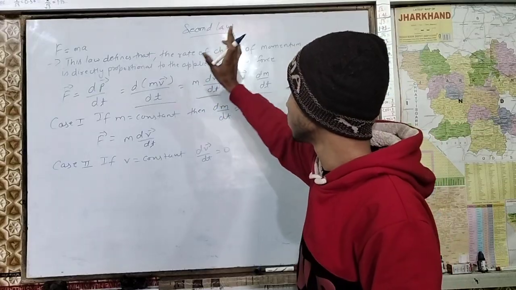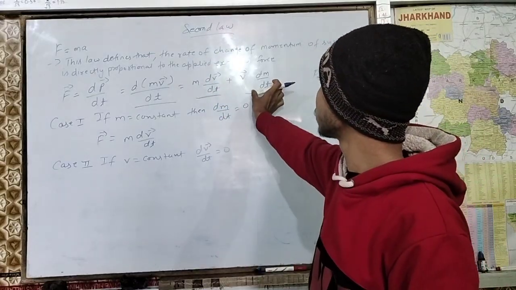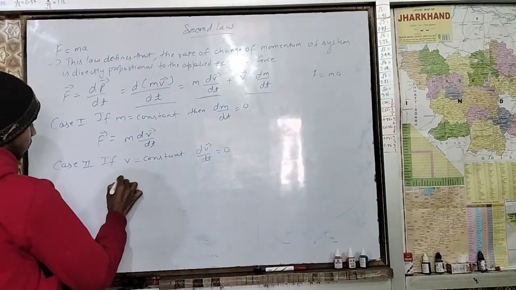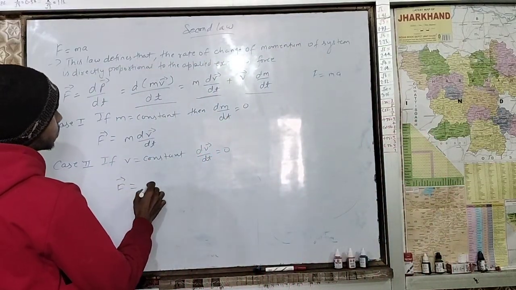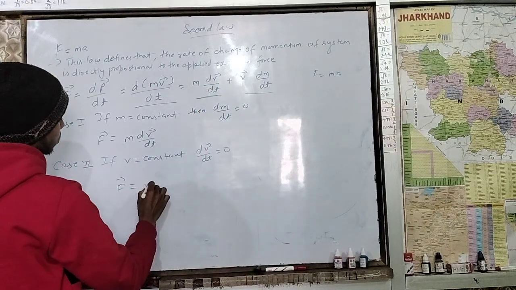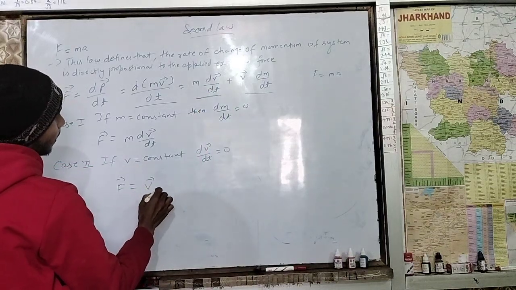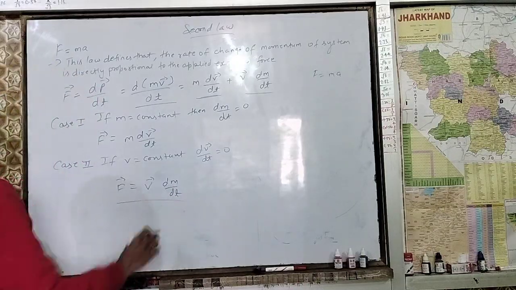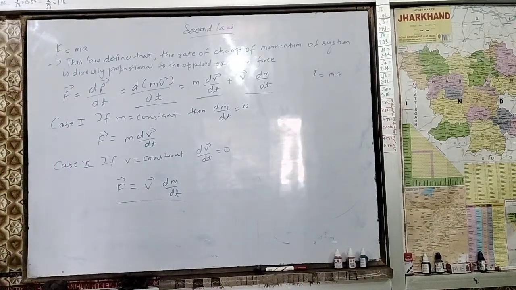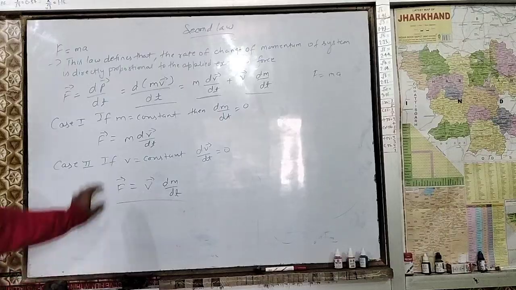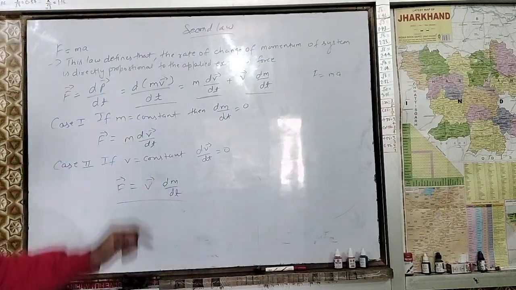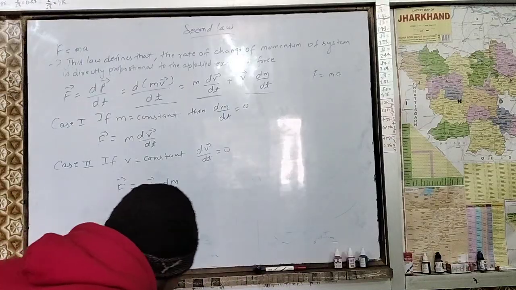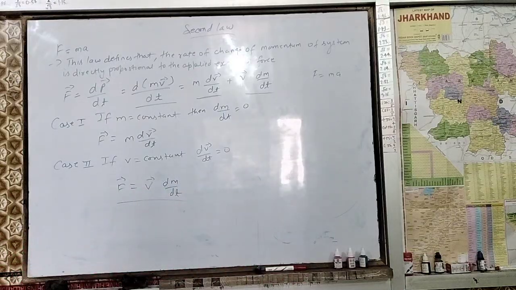It means this whole term will become zero, and this second term will exist for external force. F is equal to v vector into dm upon dt. We will use this formula when velocity is constant. This first one will be used when mass is constant.